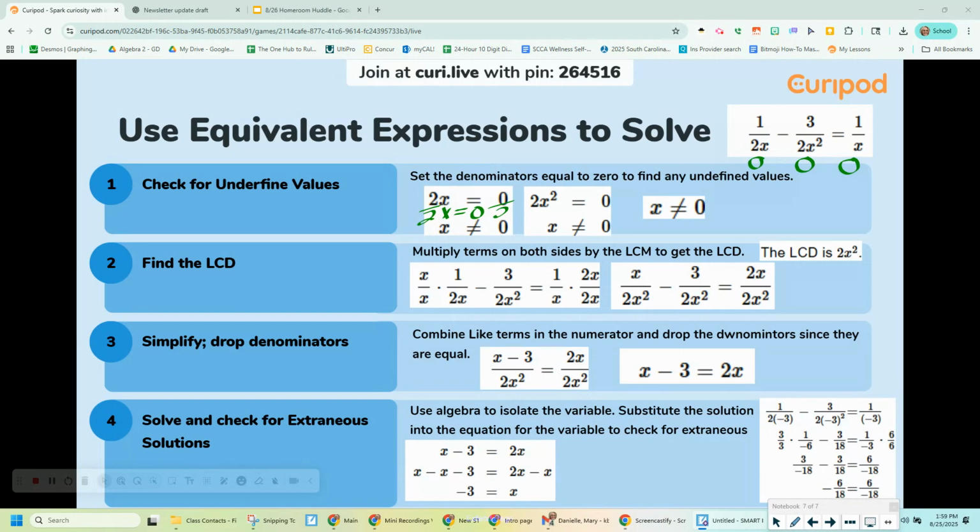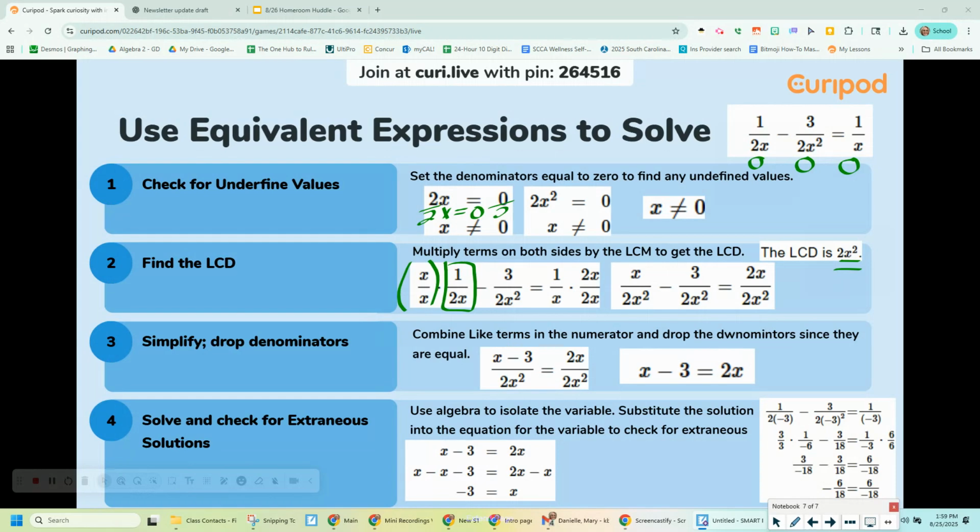So my first term, 1 over 2x, if I want to turn the denominator into 2x squared, I would just need to multiply that by x. Since I did it to the bottom, I also have to do it to the top. So I would actually be multiplying it in the form of 1 with x over x.